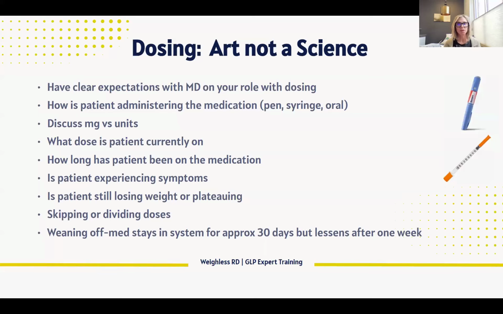So I know it's a once a week injection, but let's say a patient is on 1 milligram of semaglutide and they really like that, but it gives them side effects. What we've been starting to do is dividing up the 1 milligram into 2.5s, and they take that on a Monday and a Thursday, and the side effects completely go away. So there's different ways to play with things.